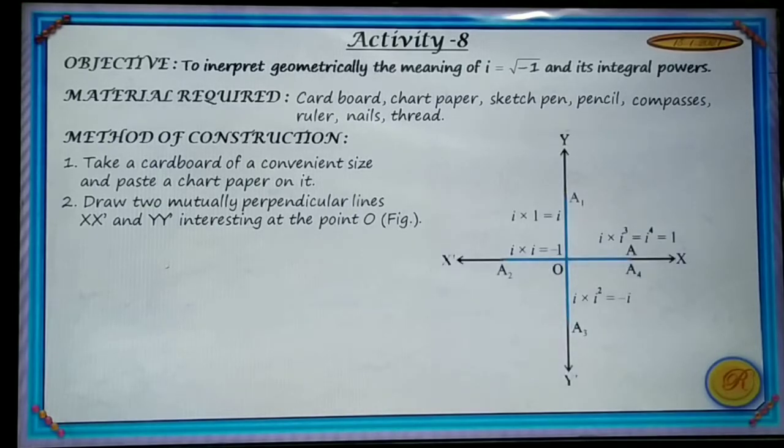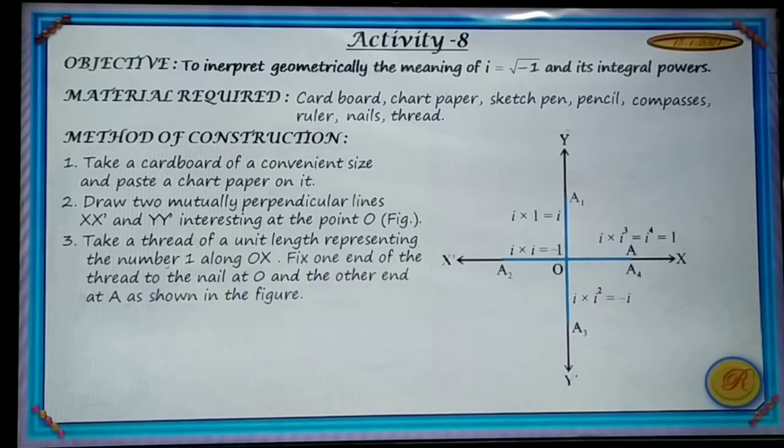Third one, take a thread of a unit length representing the number 1 along OX. Fix one end of the thread to the nail at O and the other end at A as shown in the figure.